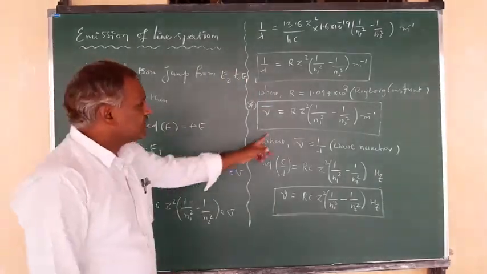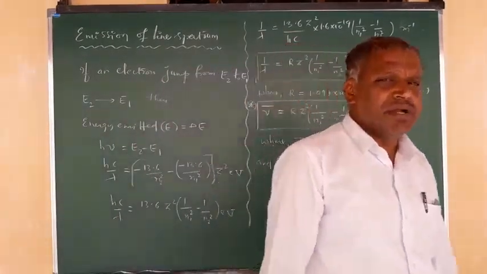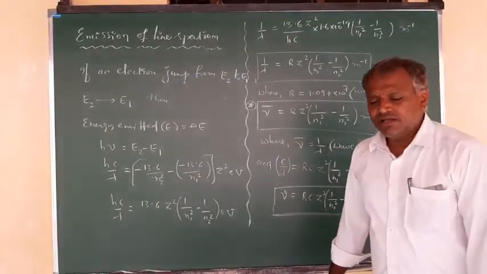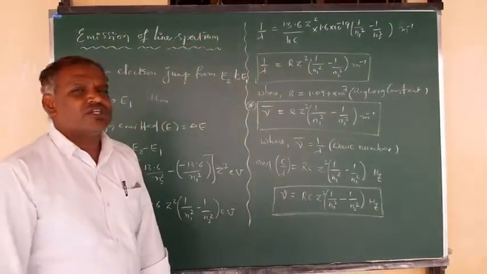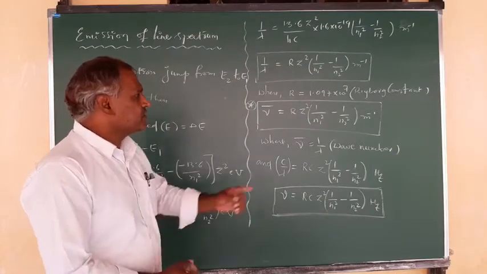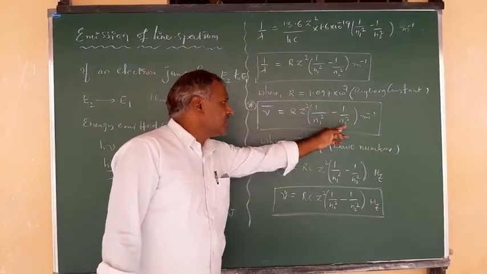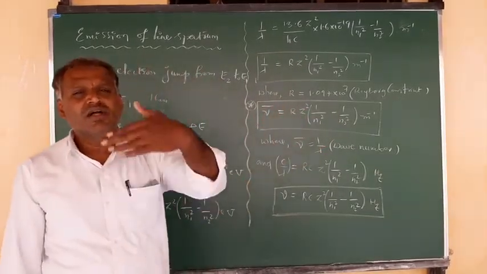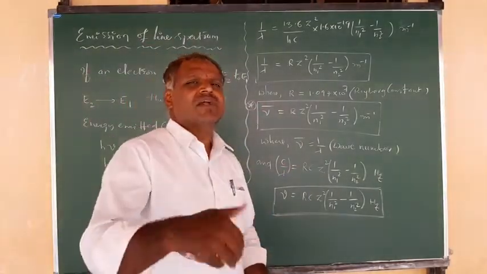Based on these N1 and N2 values, you can observe what wavelengths can be emitted during the transition of electrons, and that we study in a spectral series. That is the hydrogen spectral series, where we take the Z value as 1. Depending upon the N1 and N2 values, the wavelength emitted during the transition of an electron between different energy states is studied; that is called the spectral series.